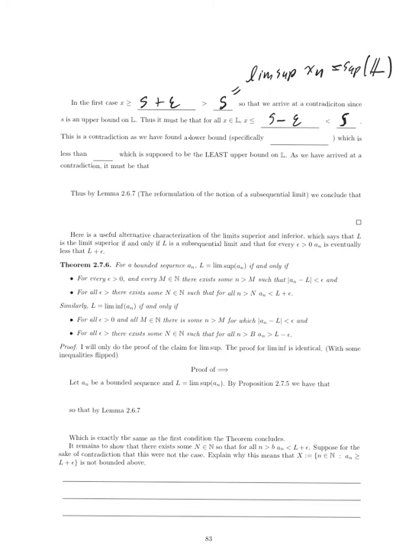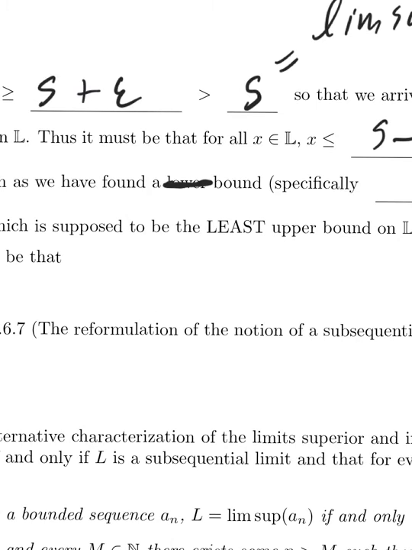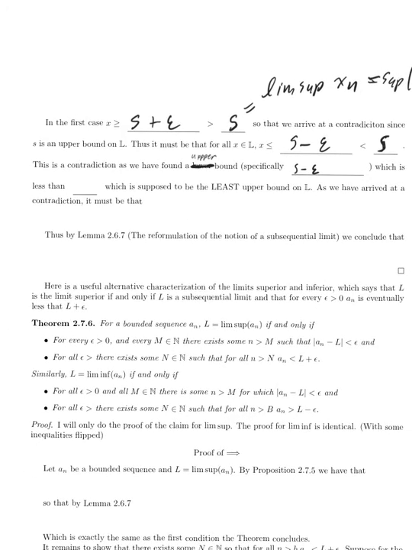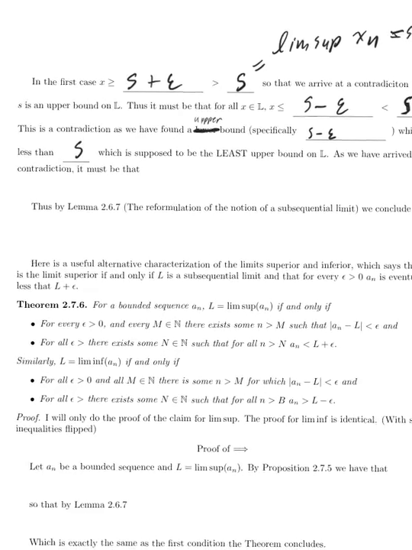That means that s minus epsilon is an upper bound on the set blackboard bold L. So I found an upper bound on the set, specifically s minus epsilon, which is strictly less than s, which is, by the definition of the supremum, the least upper bound on L. This is a contradiction.